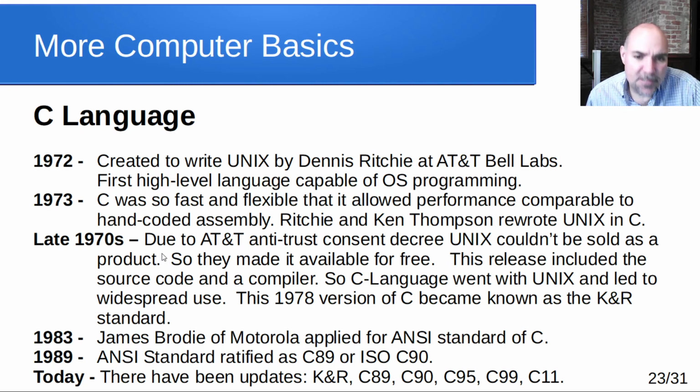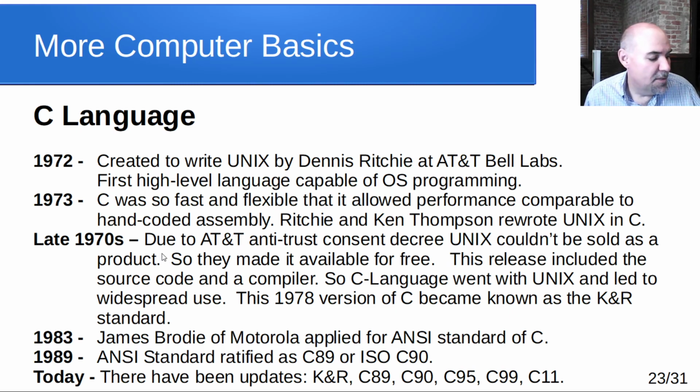And the reason for that was that they were such a big company that it was thought that if they were allowed to create their own computers, their own software, they could use their telecommunications monopoly to kind of force other competitors out. So they were just not allowed to compete.